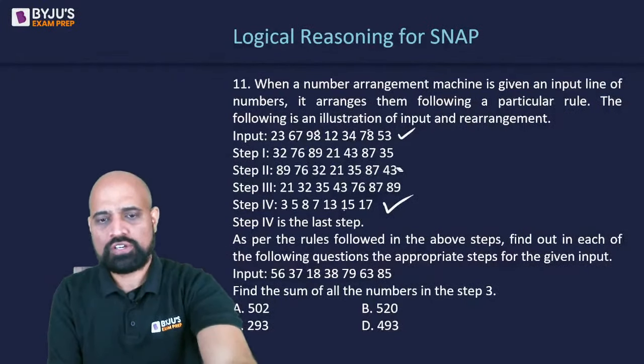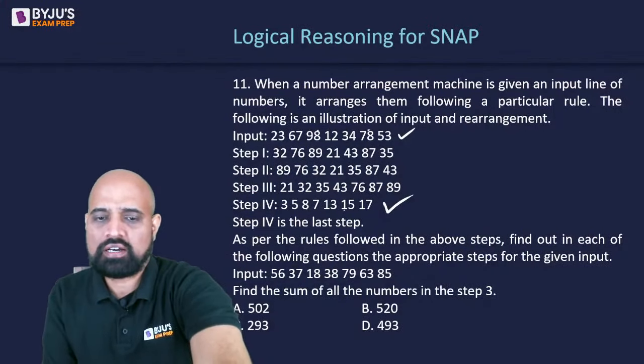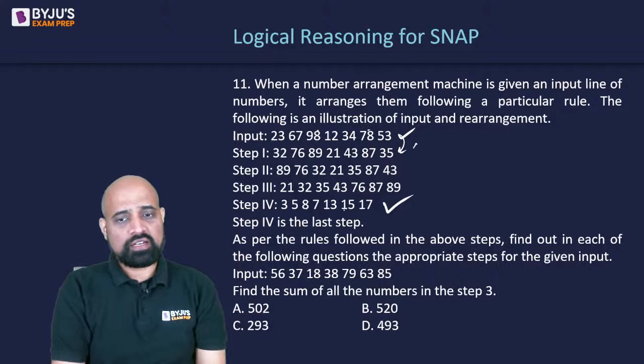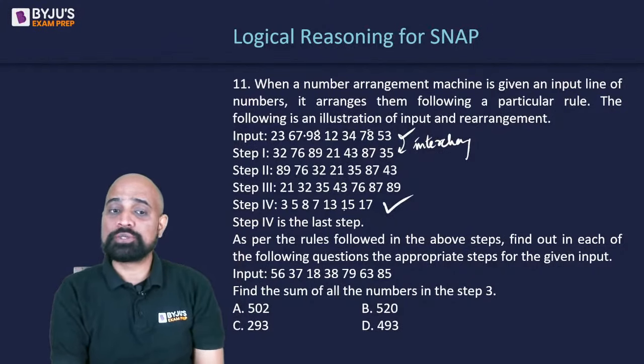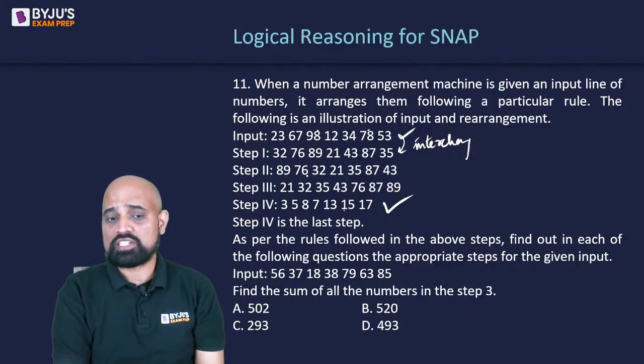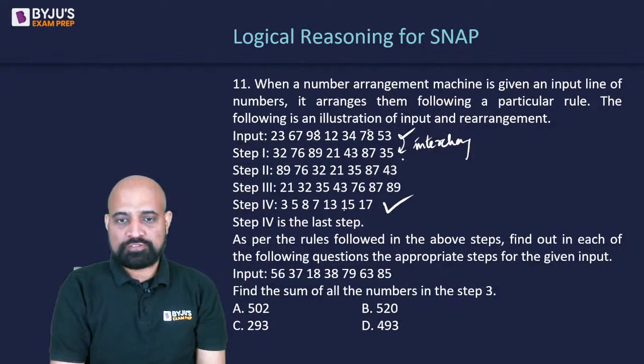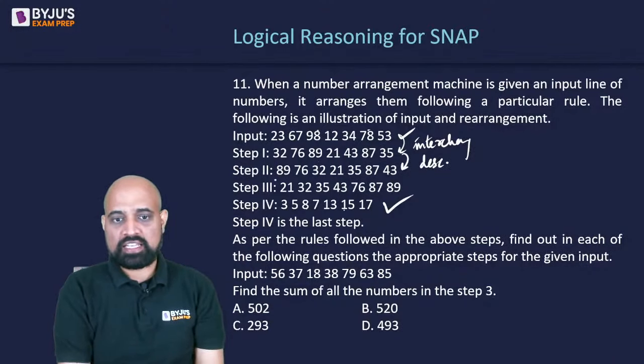So what calculation are they performing from one step to another? Okay. So first of all, they interchange the digits. 23 has become 32, 67 has become 76, it's going like this. Okay. And after that, what do they do? They sort this in descending order. 89 is the largest, it comes in the beginning.